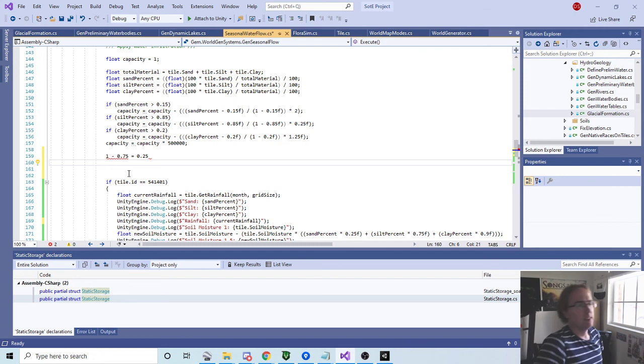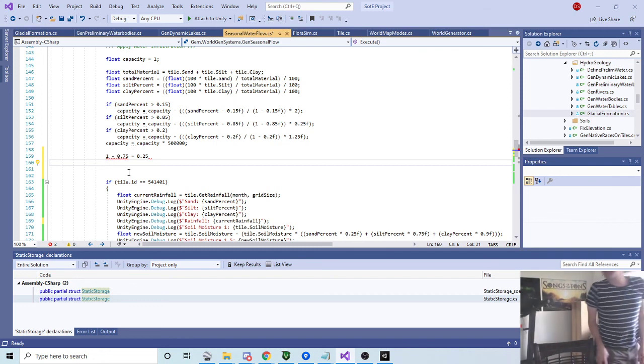Alright, give me a second. I just need to rethink how capacity is going to be calculated, because I thought I'd just cheat and my cheating got me in trouble.